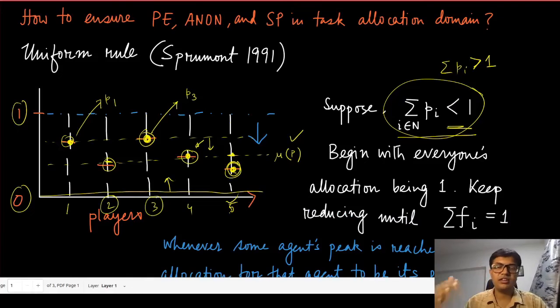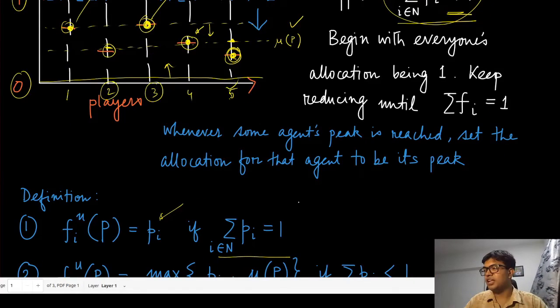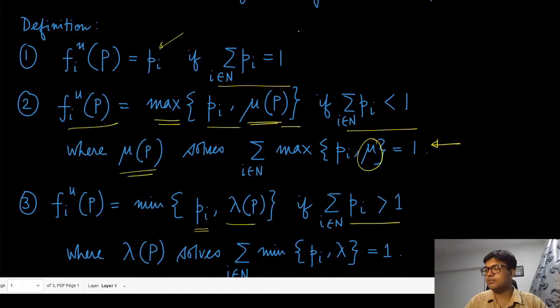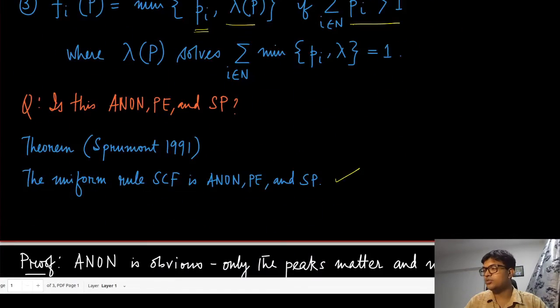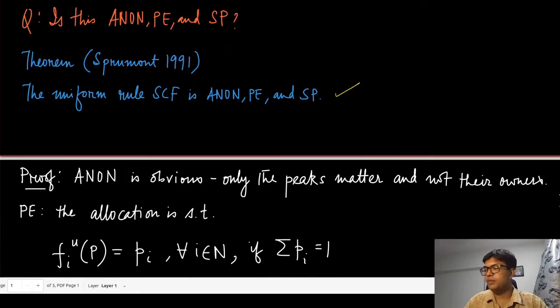So the thread level, or the water level, is not tied to any of the agents' identities. So as long as you have the same set of peaks, the corresponding allocation will get altered, and that is the definition of anonymity. So quite naturally, the mechanism is completely agnostic of the agent names. It is only tied to the corresponding peaks.